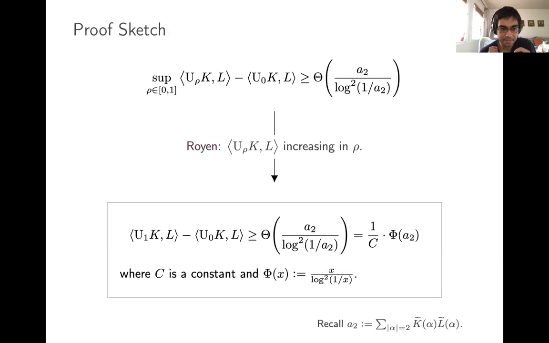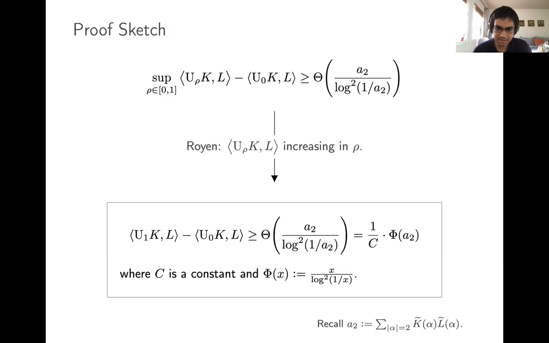In other words, the difference in the inner product of U rho k and L at noise rate 1 and at noise rate 0 is at least on the order of A2 over log squared 1 over A2. In other words, it's equal to some constant times this function phi that showed up earlier, and the input to this function phi is A2. And just to be completely clear, phi of x is just x over log squared 1 over x.